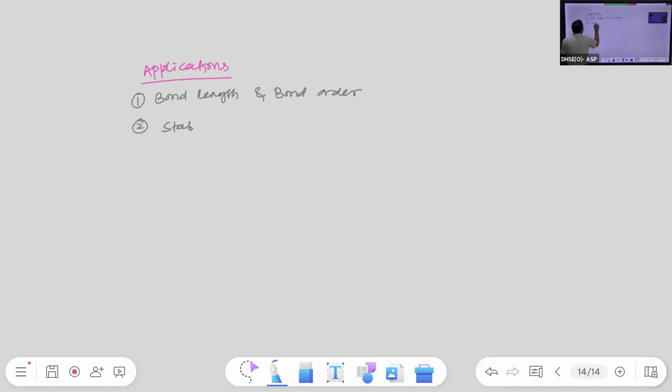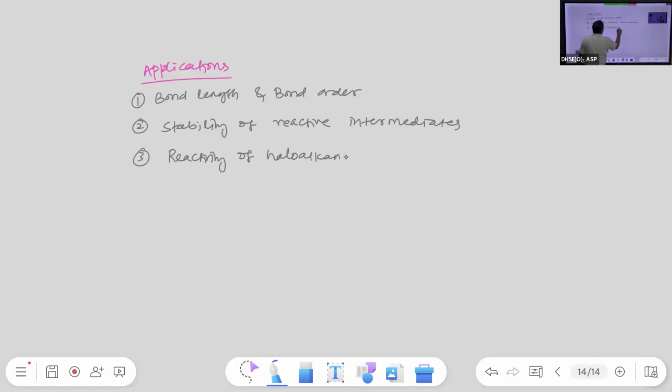Then stability of reactive intermediates. Next, reactivity of haloalkane, this is class 12, haloalkane and haloarene.